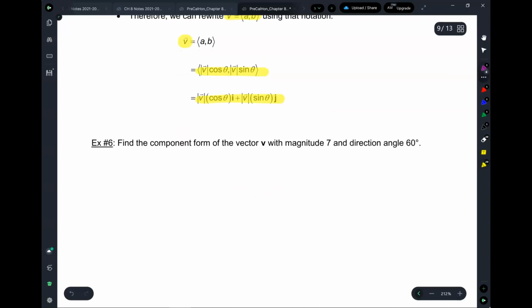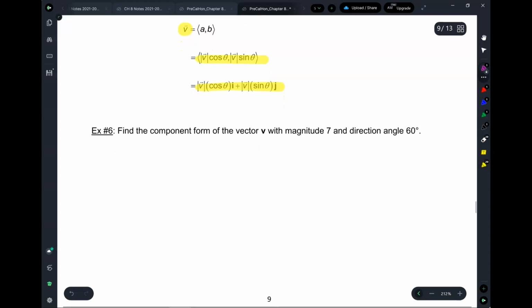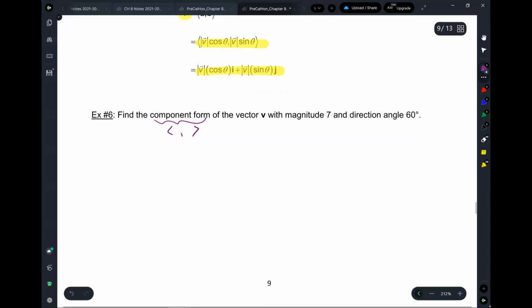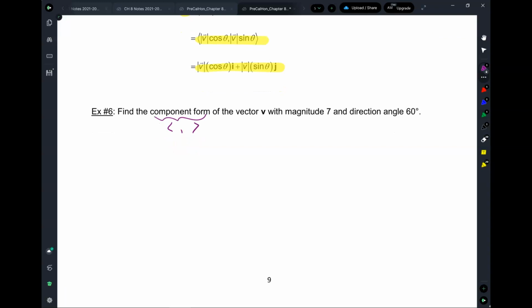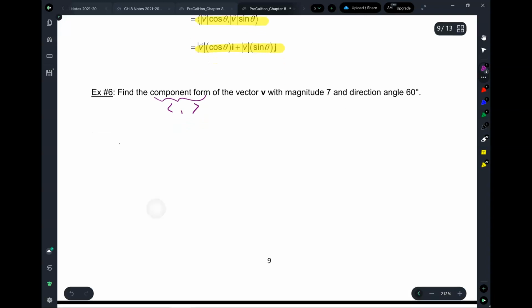So take a look at what we have here. You need to find the component form of the vector v with magnitude 7 and direction angle 60. So we say v is equal to 7 cosine 60, comma, 7 sine 60.